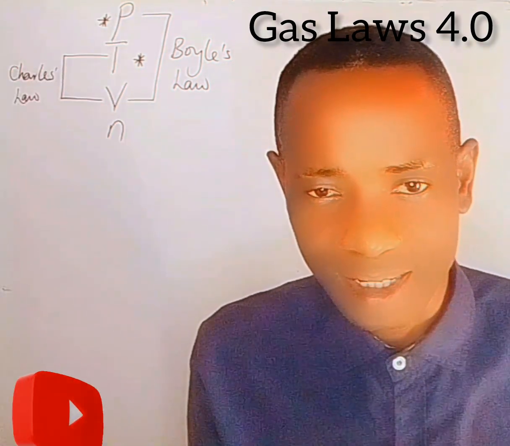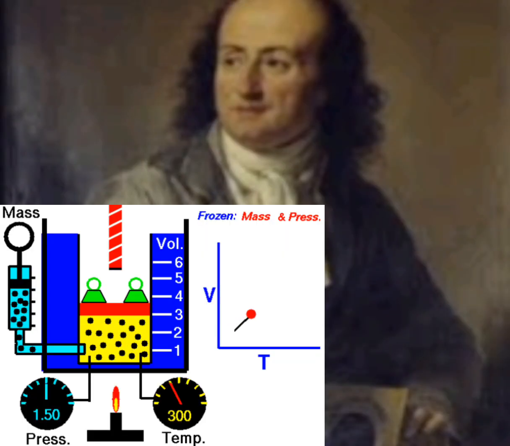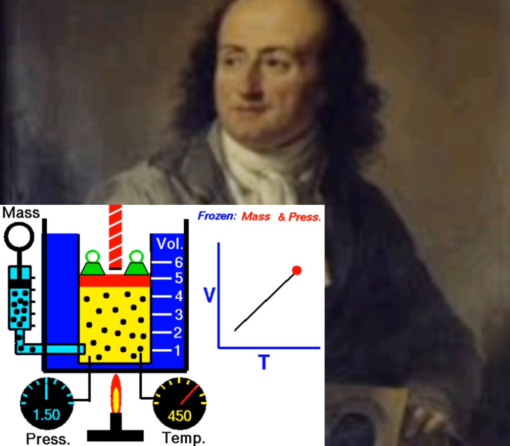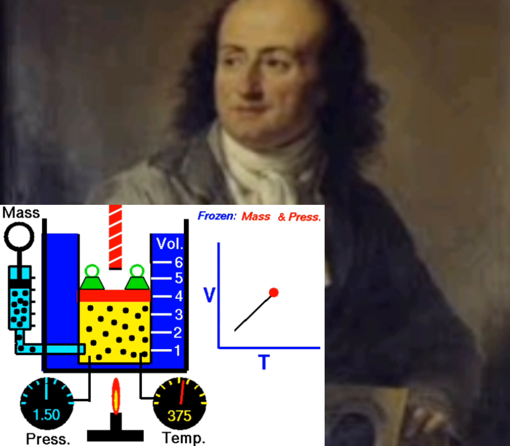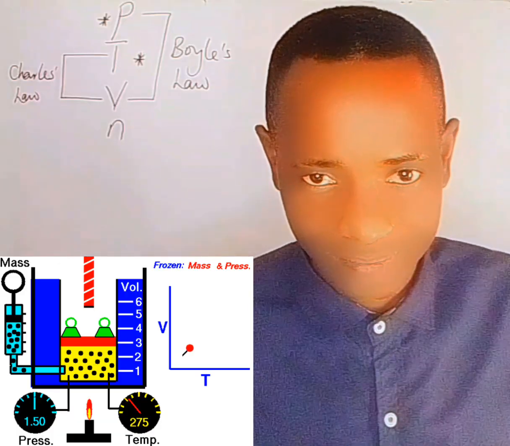So in 1787, Jacques Charles was investigating changes in volume of a gas and its Kelvin temperature when he kept the pressure constant. He found out what I'm going to visualize for you now.